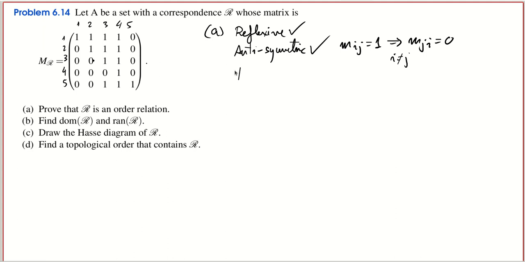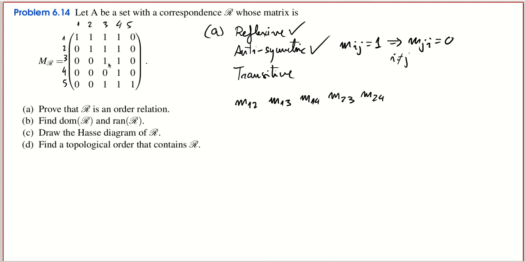Transitive is perhaps the most complicated. What you have to do is look for the off-diagonal elements again and look for the ones. Here we have a 1 in the positions (1,2), (1,3), and (1,4). Then we have (2,3) and (2,4).